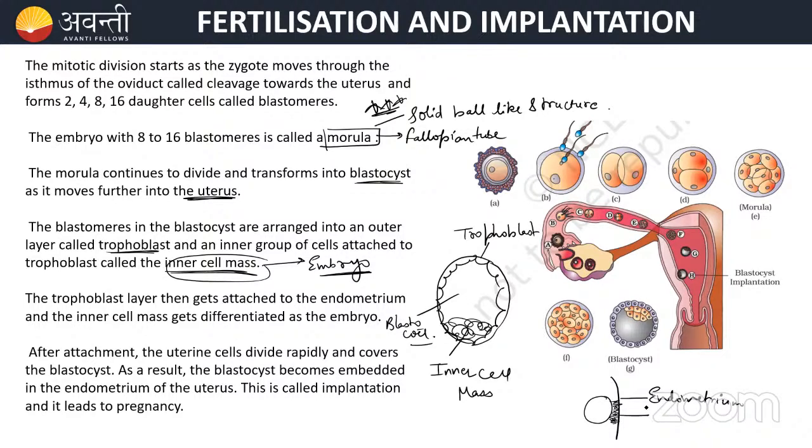So this portion of endometrium will be known as decidua basalis. Now, the part of the endometrium which covers this blastocyst is known as decidua capsularis. And the part of the endometrium which is not involved in the implantation is known as decidua parietalis.